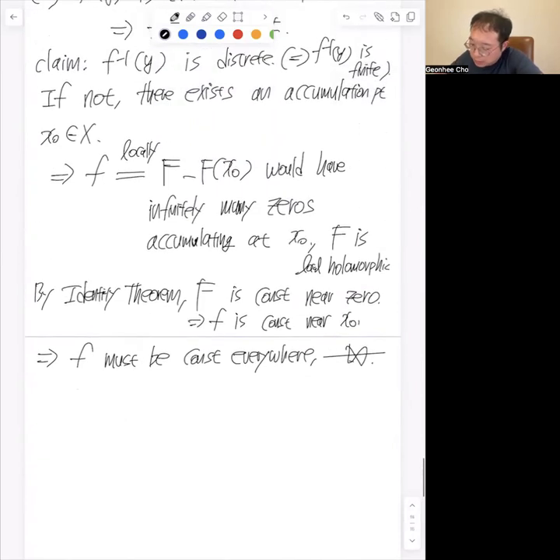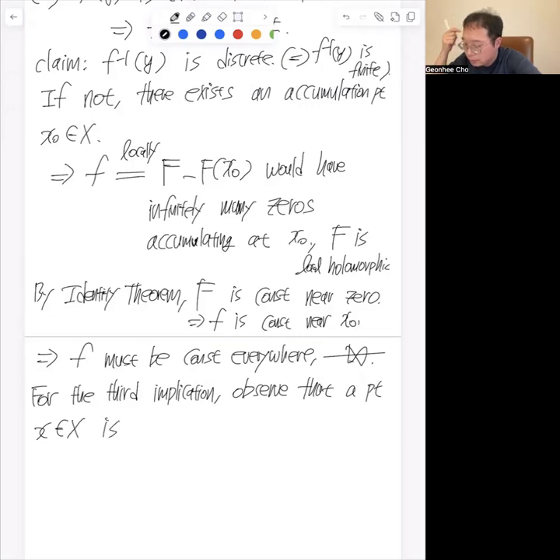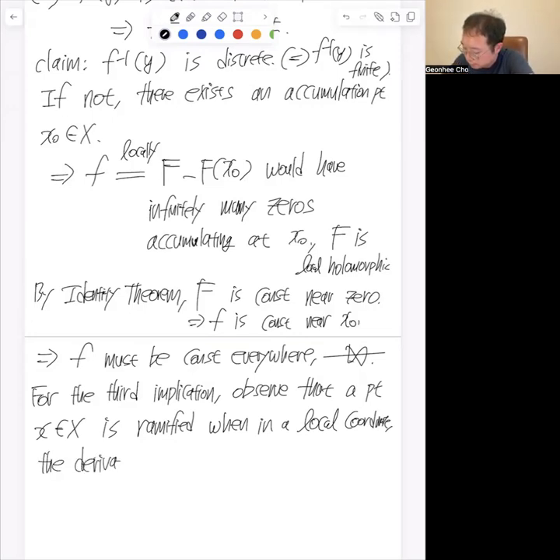For the third implication, let us observe that a point x in the domain is ramified only if, in a local coordinate, the derivative vanishes, which is holomorphic.